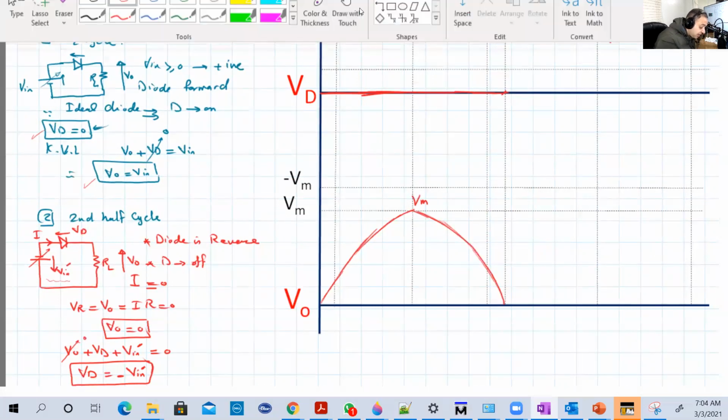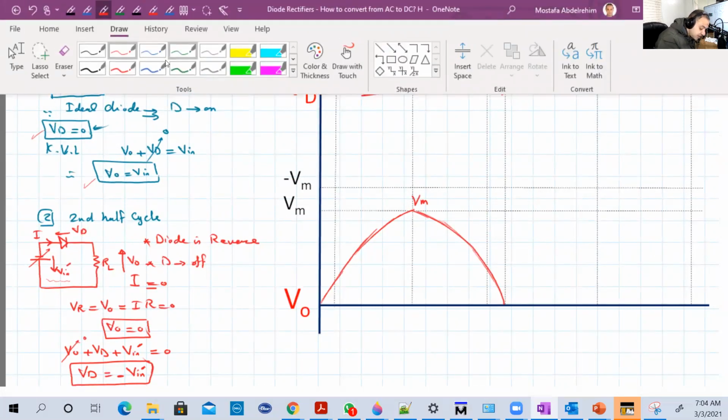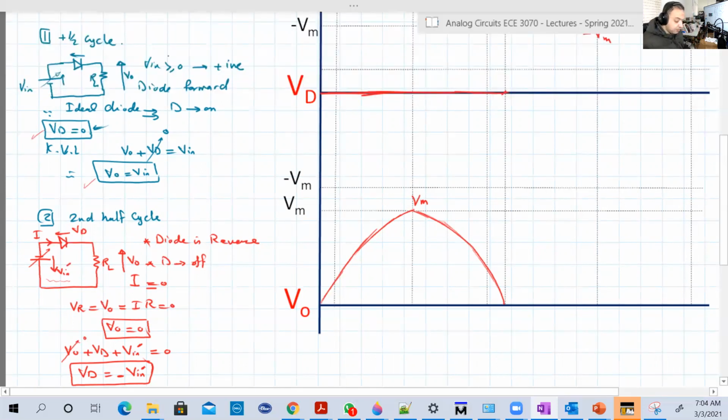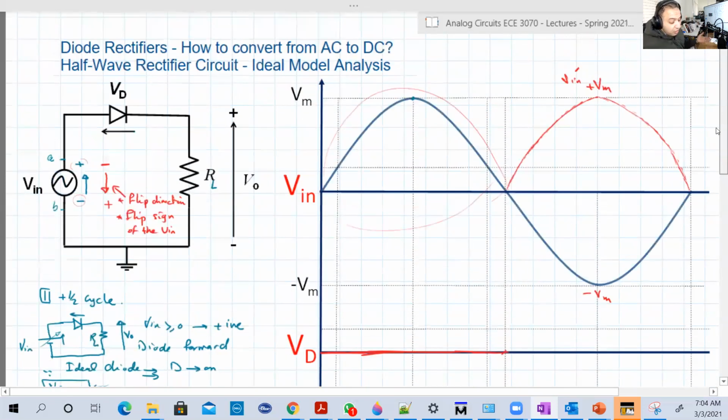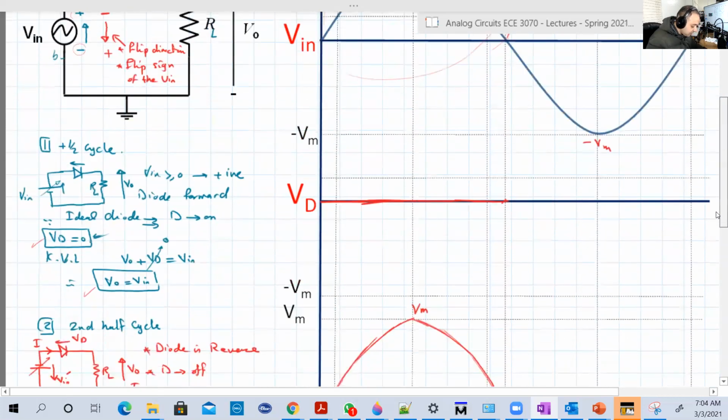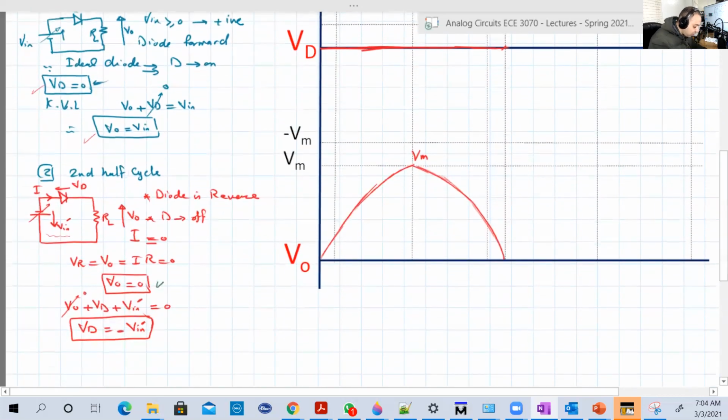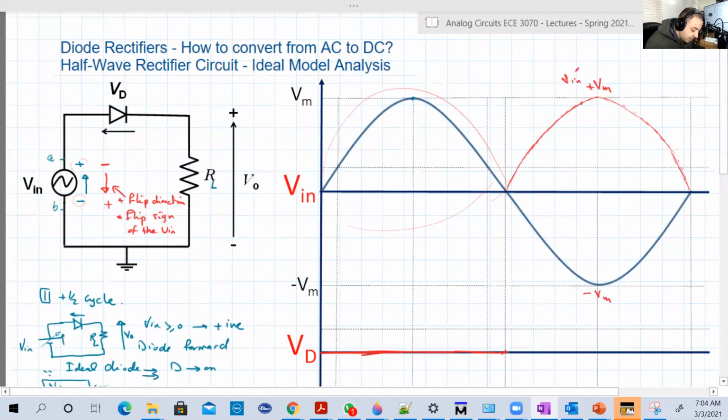Now let's do the negative half cycle. Let's do it with green, for example. So the second half cycle or negative half cycle or whatever you call it. In here we have VO equal to 0. So this is really easy. Just make 0 here. And VD is equal to minus Vin dash. This Vin dash here is positive.